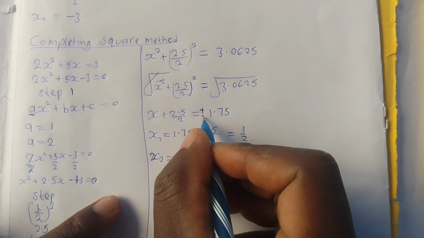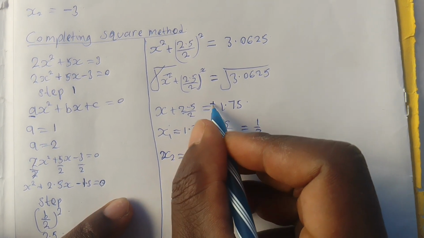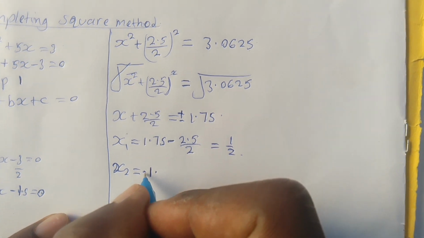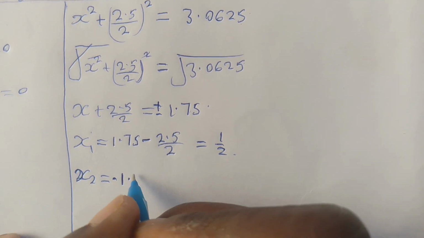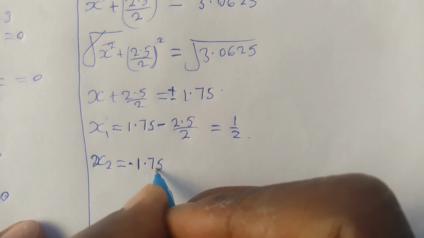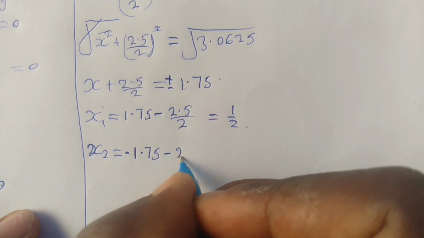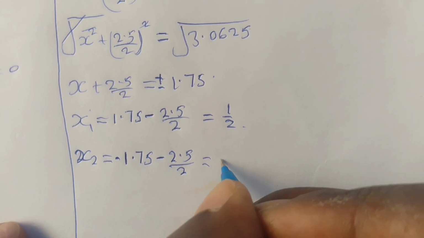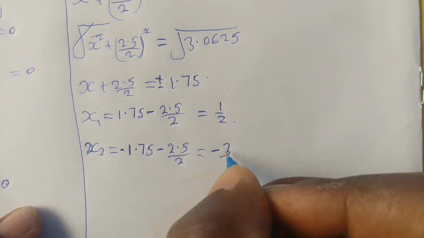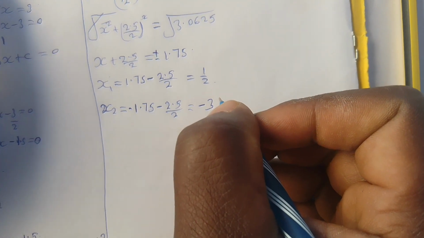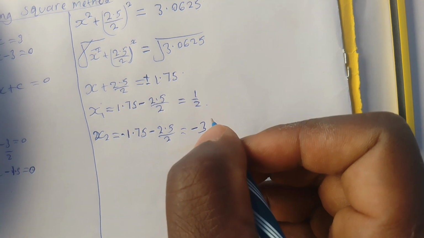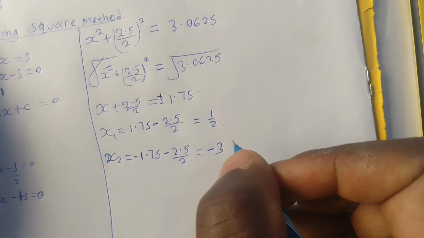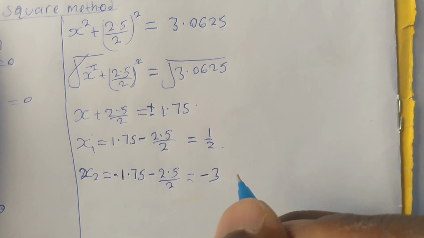This one is either plus or minus: the first time we use the plus, and the second time we are using the minus. That will give you negative 3. So you can really prove that our x1 was a half and x2 was negative 3.